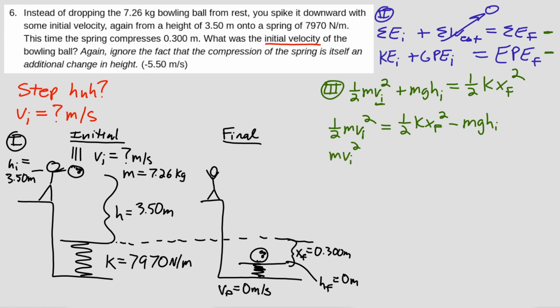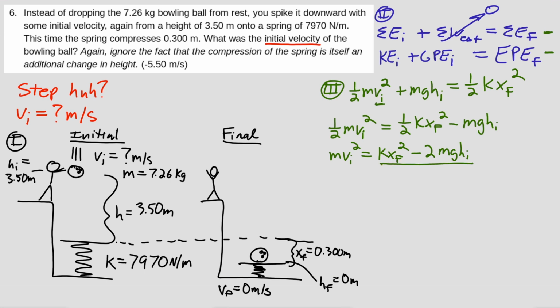I'm going to multiply everything through by 2 because I want to kill off that half that's at the beginning there. So that's going to give me m v initial squared is equal to 2 times a half. That's going to go away. That just becomes k x final squared. And then be careful. You have to apply that 2 to everything because of the way algebra works. So a 2 does show up over here.